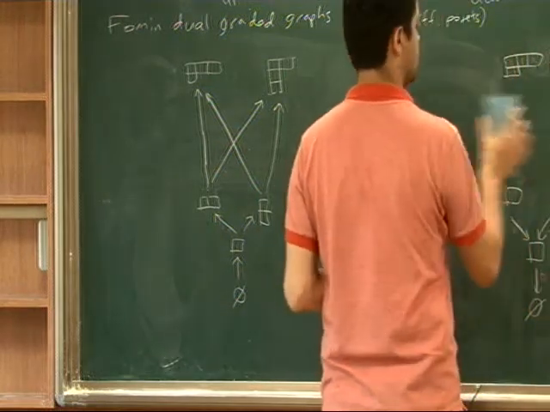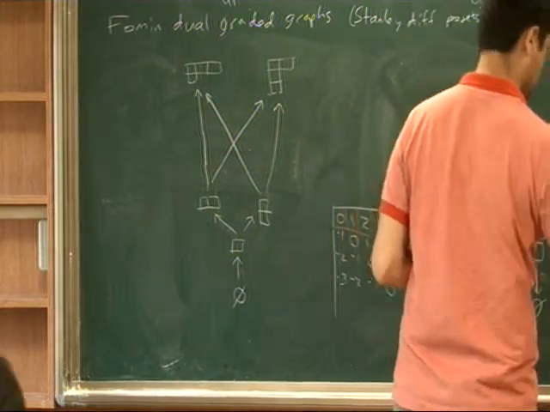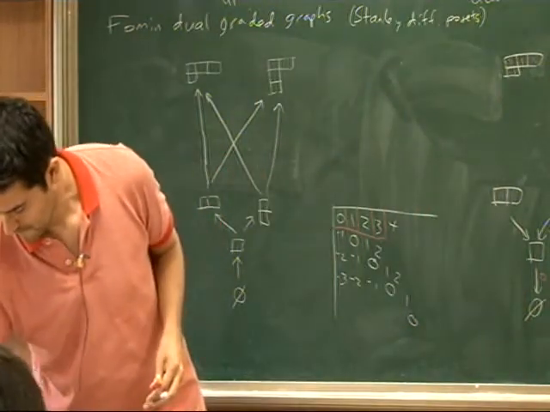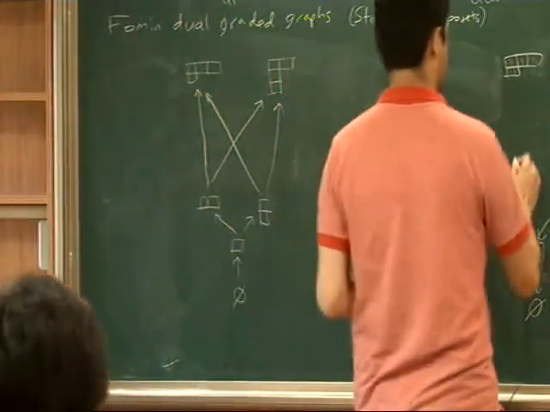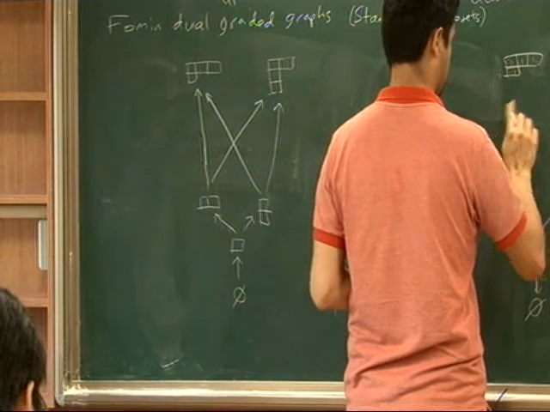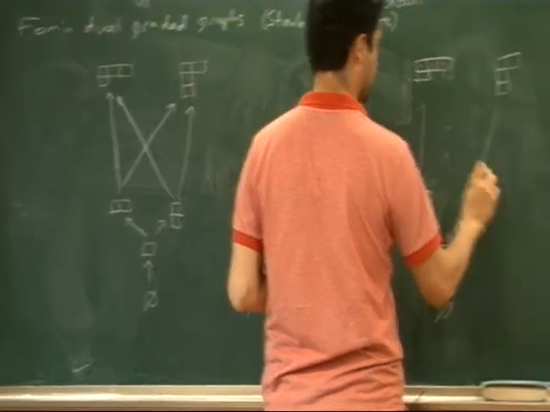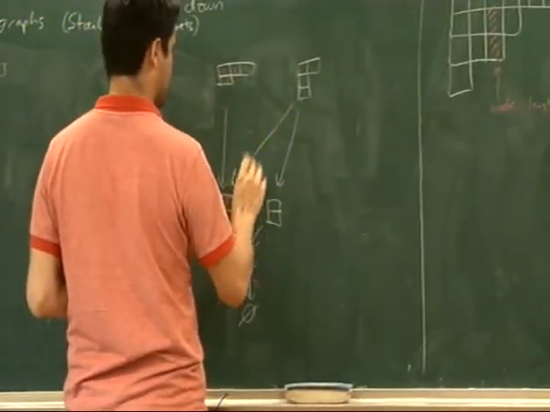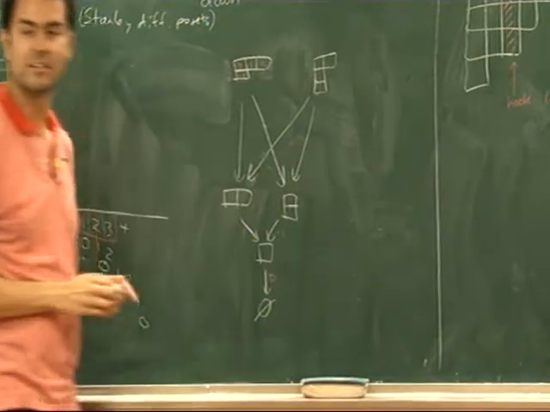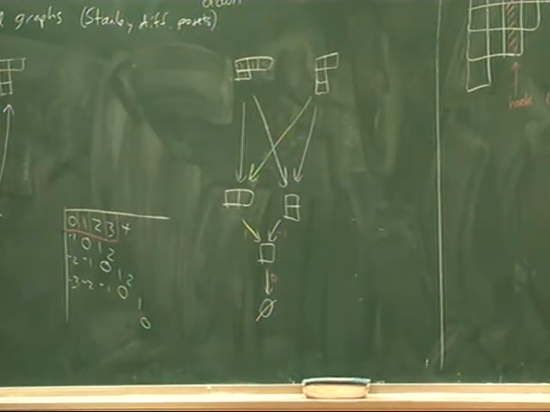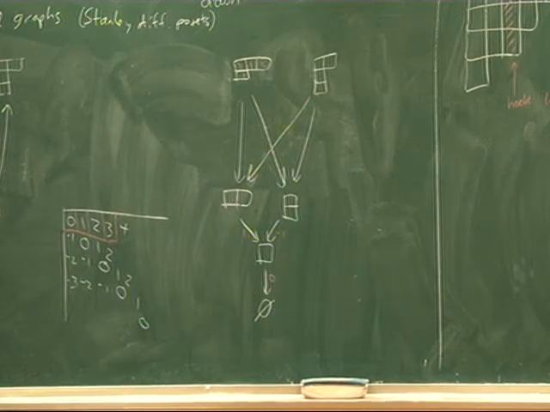I like this and this and this, and what am I doing? Okay, and I did this. Oh, now I go down. So now it's going to make sense why I used 2 different graphs. We got here, and we hoped that that's a dual graded graph.